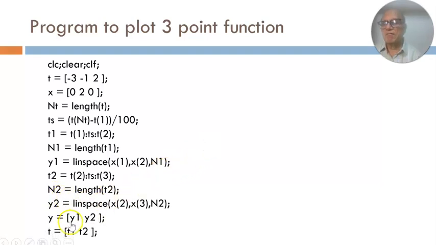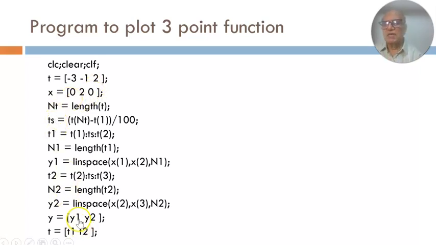So y1 followed by y2, t1 followed by t2, that will give you the t vector and you get the y vector. Notice that we have 3 points here, but the number of lines obviously will be one less than the total number of points you have, because you start from the first point and you require at least 2 points for drawing the line.